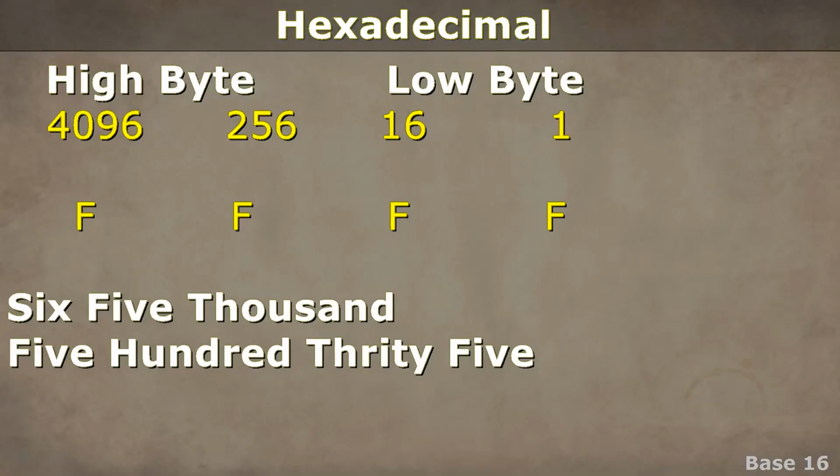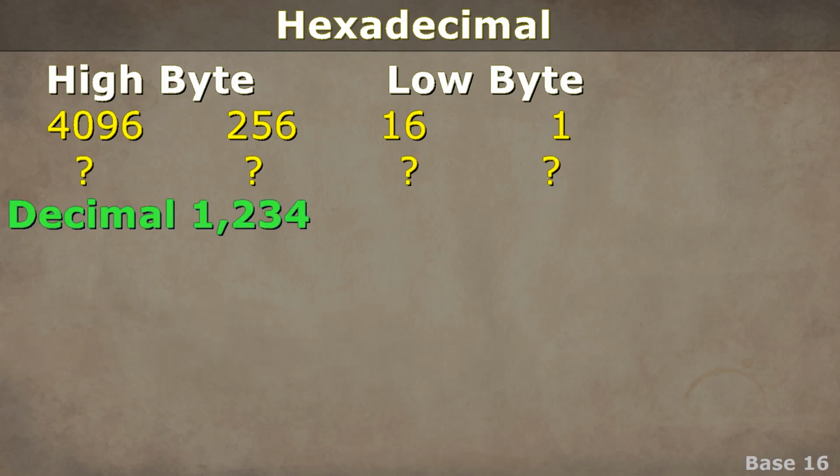The highest 2-byte number in hexadecimal would be FFFF, which represents the number 65,535.